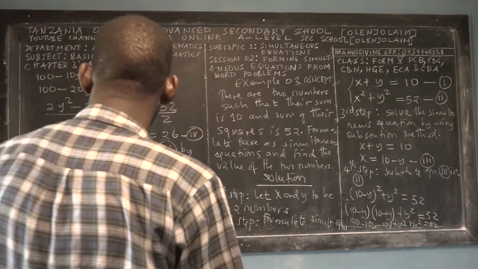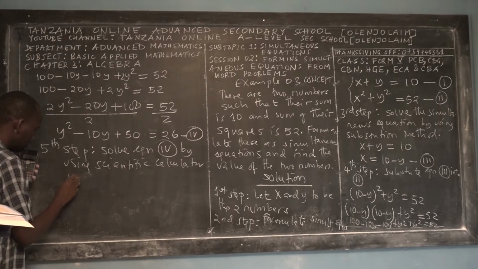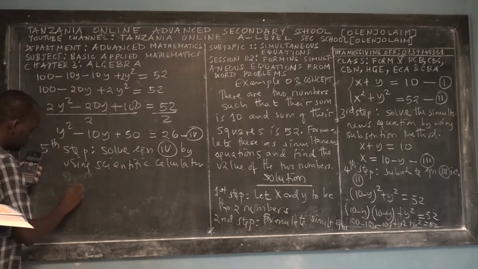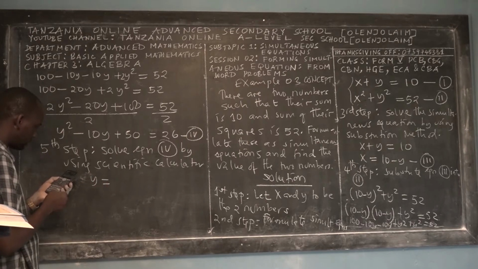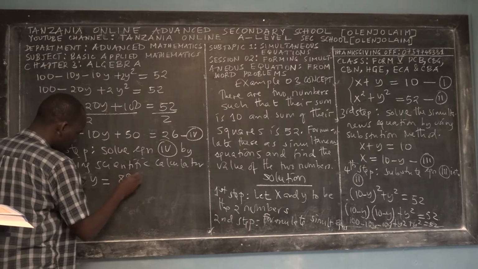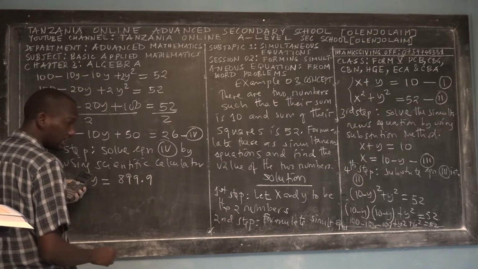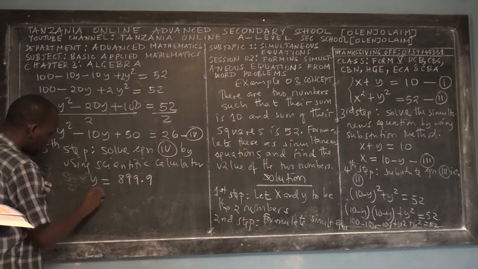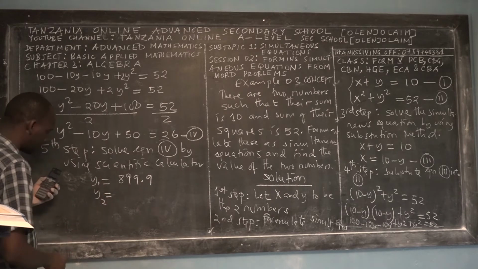So then we say that the first value of y, once you use this scientific calculator, is 899.9. The other value, which is y1, is equivalent to x1 of the scientific calculator.